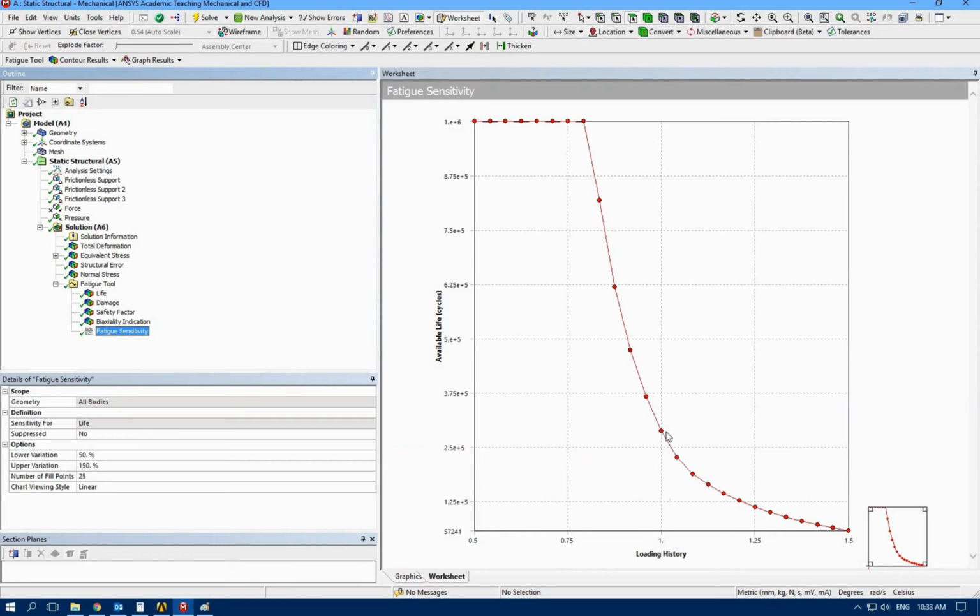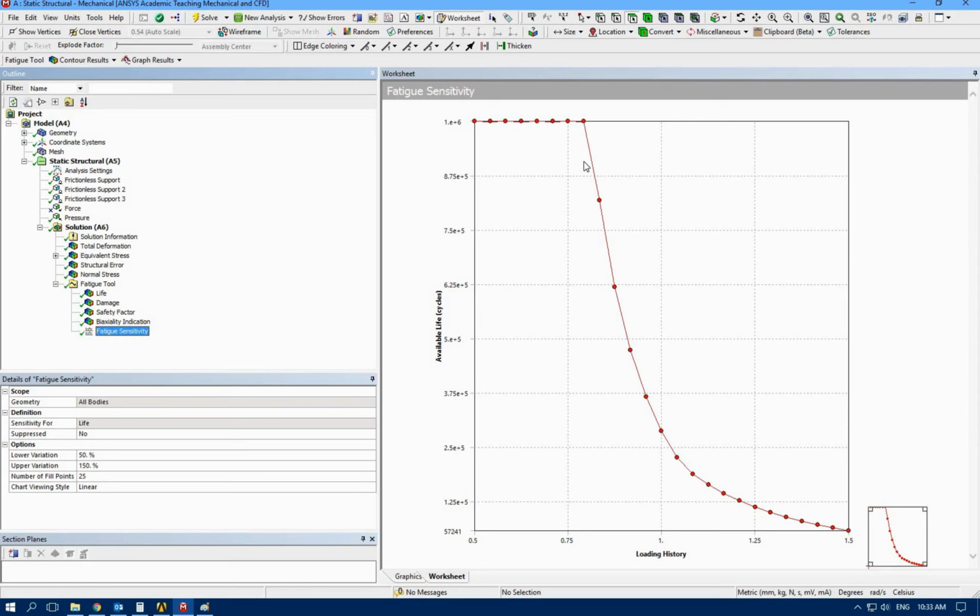We increase the number of life cycles, but we still haven't reached 10 power 6. We need to decrease our load to reach this number.